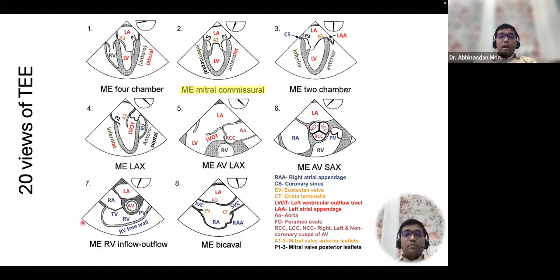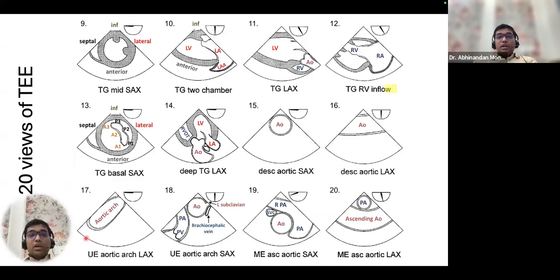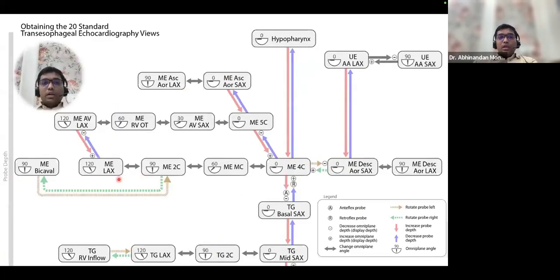They are the mid-esophageal mitral commissural, mid-esophageal aortic valve long axis, mid-esophageal RV inflow, transgastric two chamber, transgastric long axis, transgastric basal short axis, deep transgastric long axis view, upper esophageal aortic arch long axis and upper esophageal aortic arch short axis. So these 9 views are added to the basic views to make up the 20 views of TEE.